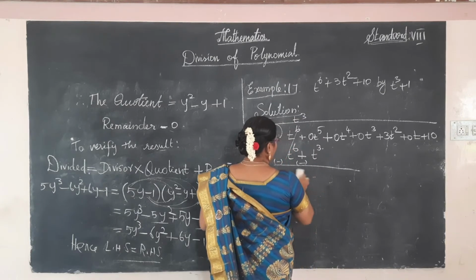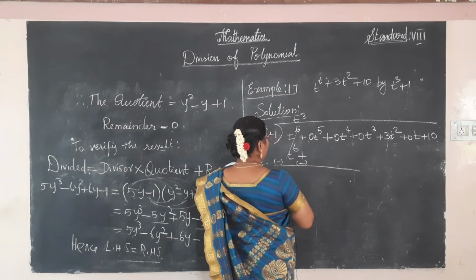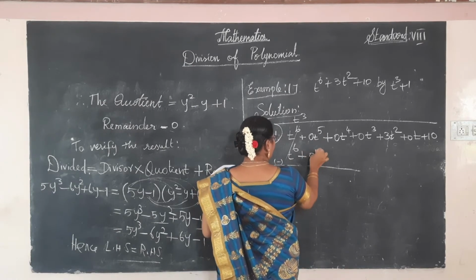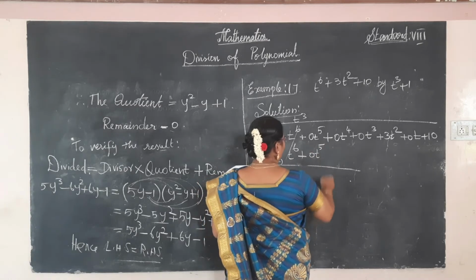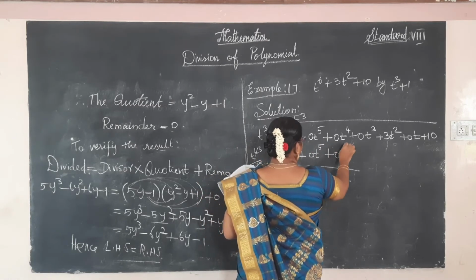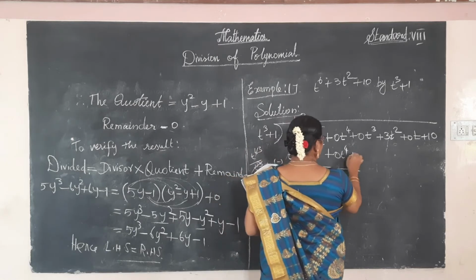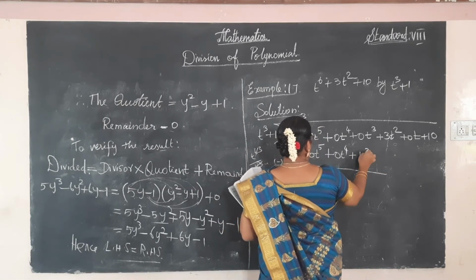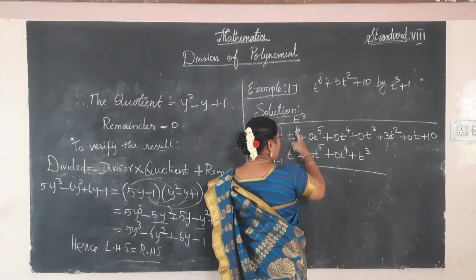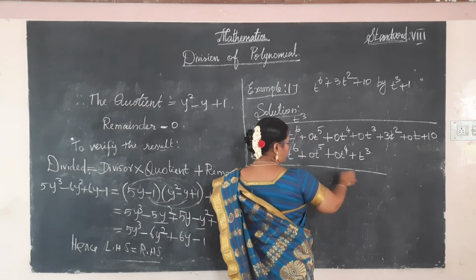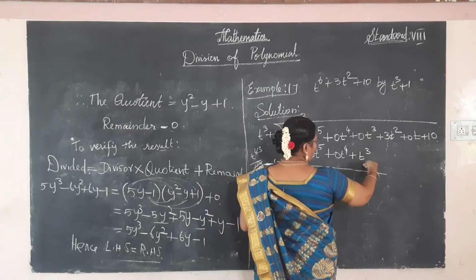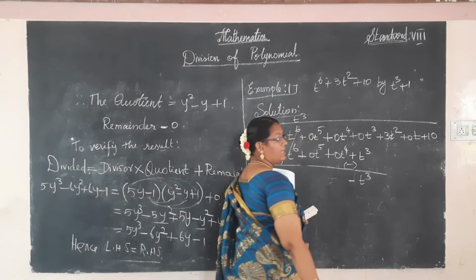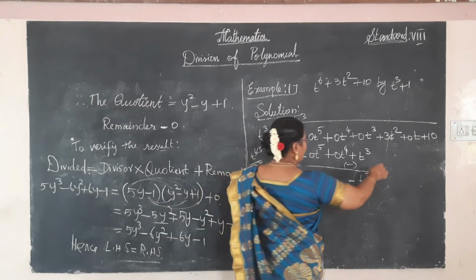Here, t power 5 is given, so in this place 0 t power 5, 0 t power 4, plus here t power 3. This term will be cancelled, and the other terms are also 0. Now simplify these values. So minus t power 3, minus t power 3.